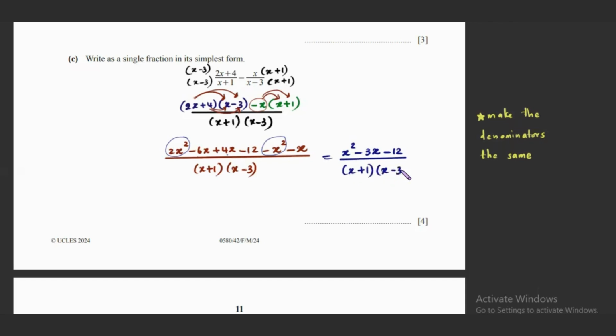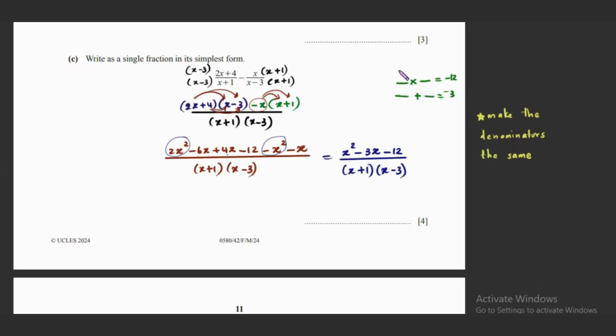Now, it's very important that you factorize the numerator as well, because sometimes the numerator, the factorized form, can get simplified with the denominator that we have. But in this expression that is given, when we try to factorize it, we will try finding the two numbers that multiply together to give us negative 12, and the two numbers that add together to give us negative 3.